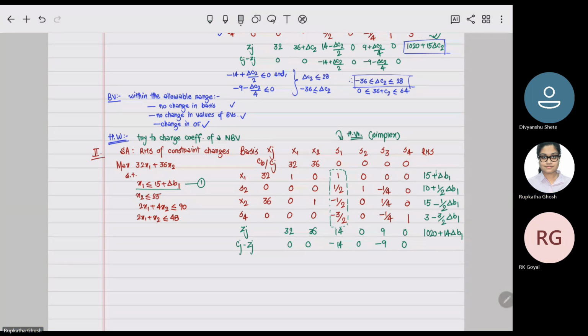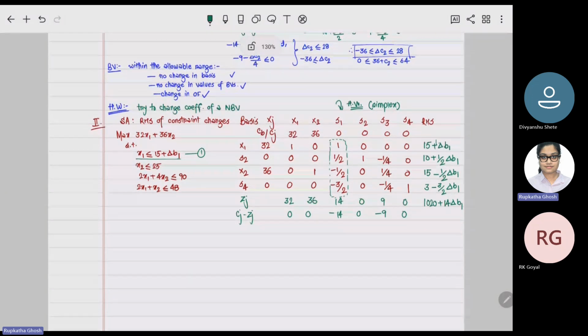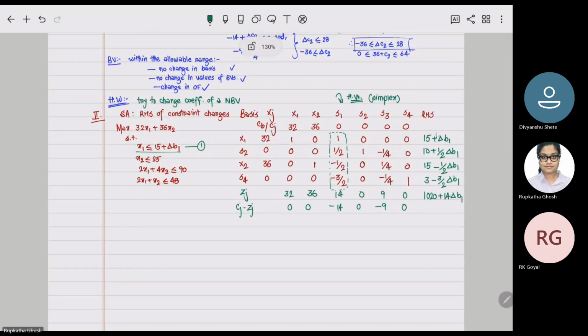Now, if I want to know the values of delta B1, can you tell me what it will be? So what are these right-hand side values?